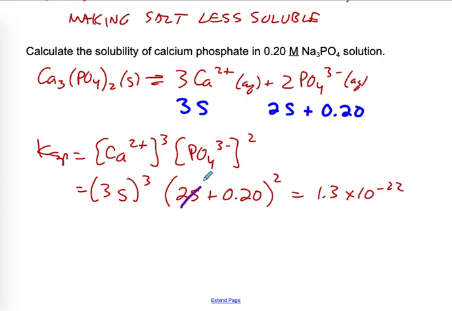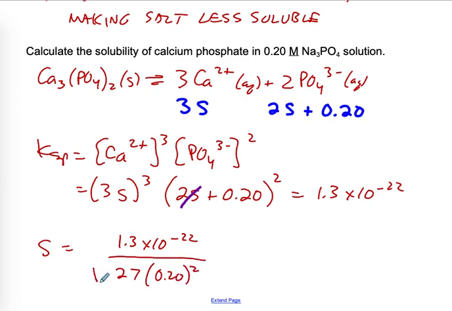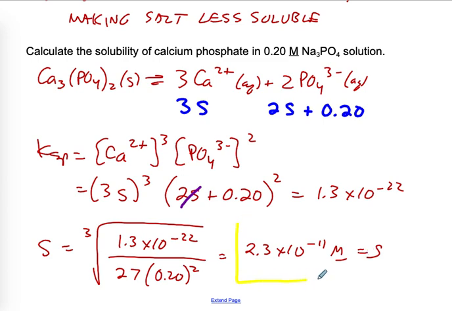So now, rearranging to solve for the solubility, S is Ksp, 1.3 times 10 to the negative 22nd, divided by 27 times the concentration of phosphate, 0.20 quantity squared, all taken to the 1/3 power, or 2.3 times 10 to the negative 11th molar as my solubility, which if you compare that to the solubility of calcium phosphate in pure water, you will see is substantially lower.